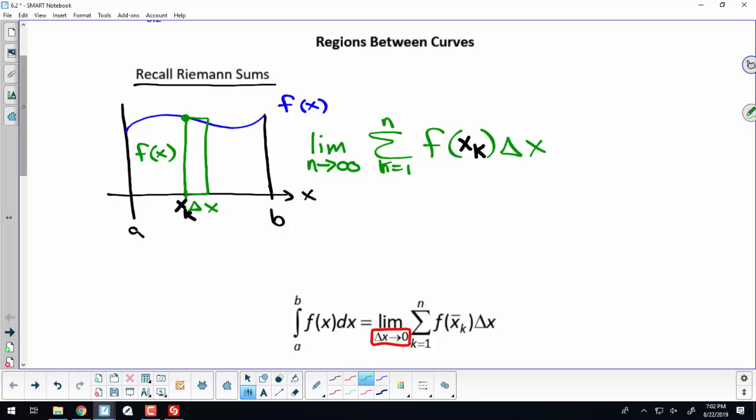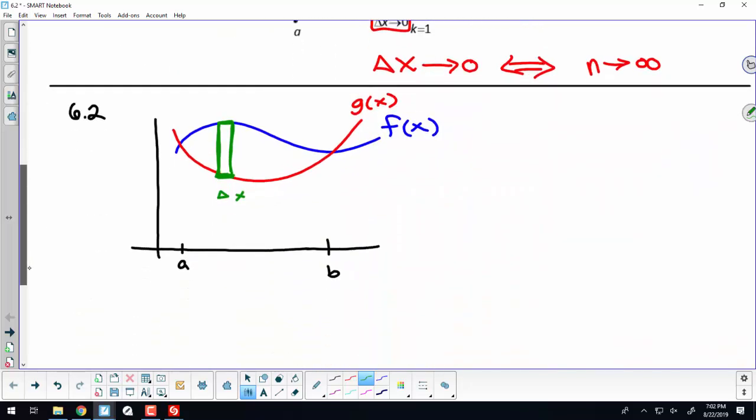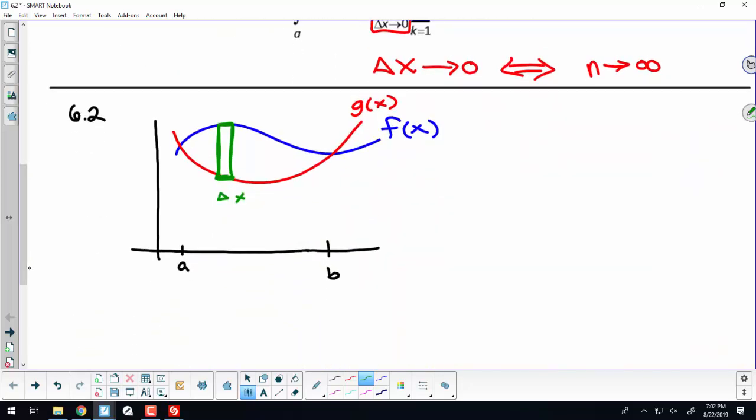Another way to think about this is we're just taking the distance from the function to the x-axis, which gives us the height of that rectangle. In order to measure the height of this rectangle, it's easy when I know, what if this y value here was 8 and this y value here was, I don't know, 5. Then the height of this green rectangle is 3, right? That's very straightforward. But again, the problem is both of those y values are varying throughout.